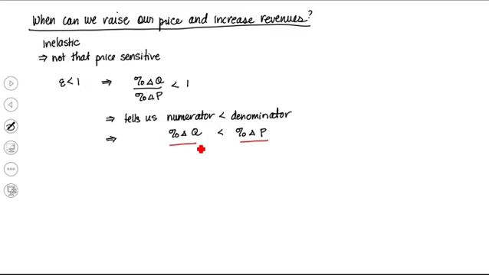So, for example, if you increase your price by 5%, your quantity is going to fall by less than 5%. You with me here? So, if we're looking at our revenues, and revenue is P times Q, then I can logic the same thing. If we increase by 5%, we're going to get something less than 5%.